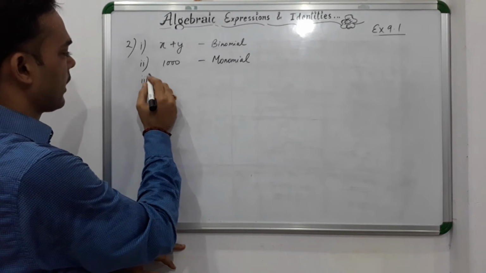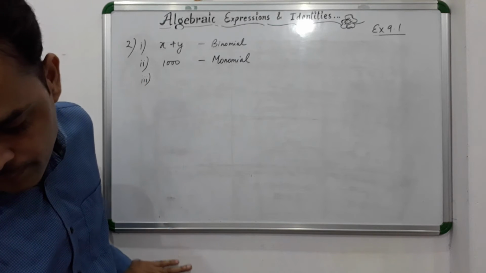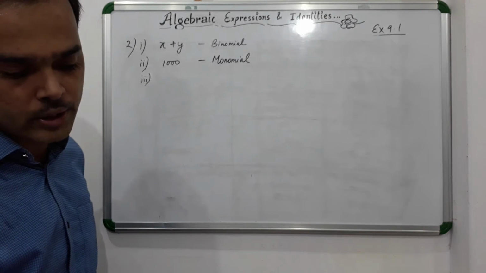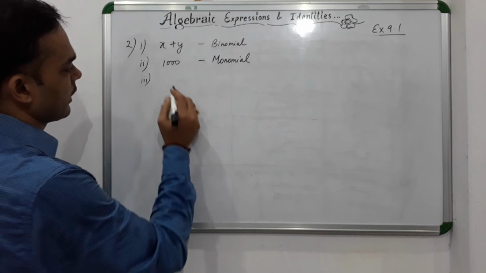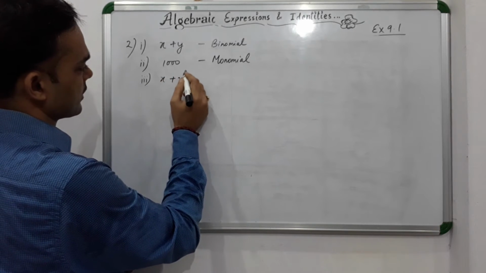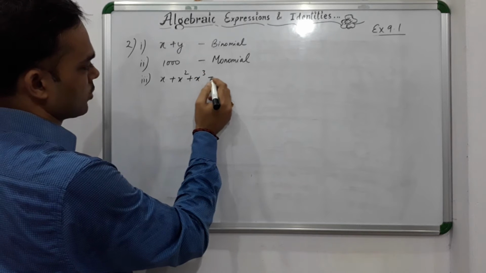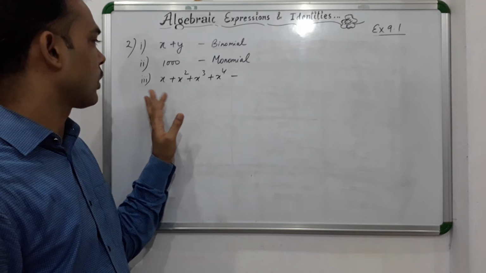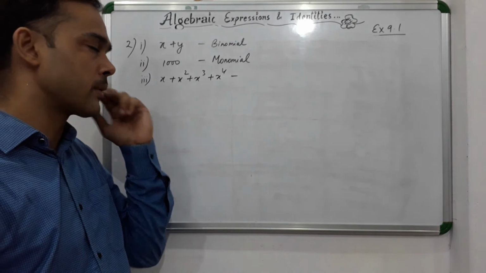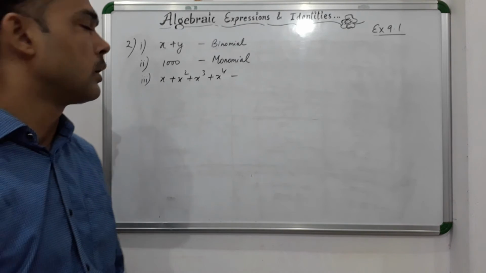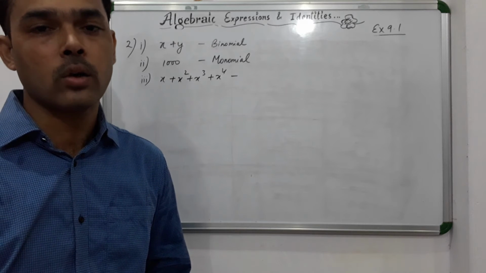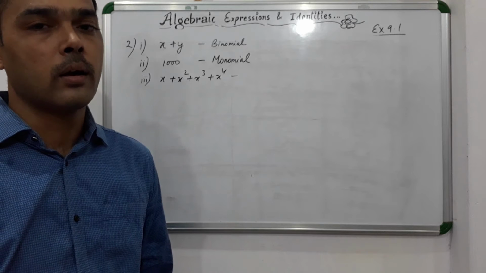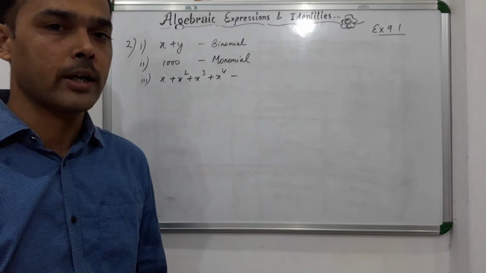In the third part, it is written x plus x square plus x cube plus x raised to the power 4. Over here they are all unlike terms, because I have said before also that if you want to check whether they are like or unlike, don't only see the variable but also see their exponent.